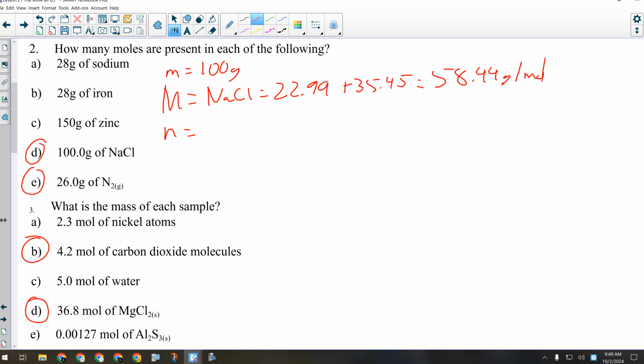Okay, so n equals little m over big M. We have both of those numbers, so simply 100 grams divided by 58.44 grams per mole. Grams are going to cancel, and we're going to be left with 0.584. Sorry, that's not what it's going to come out to.